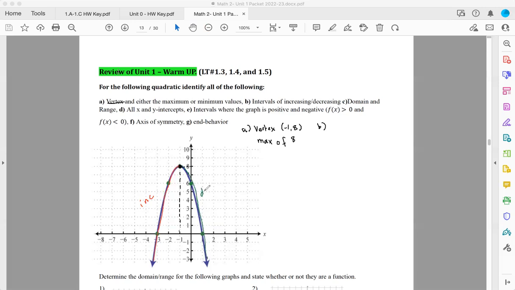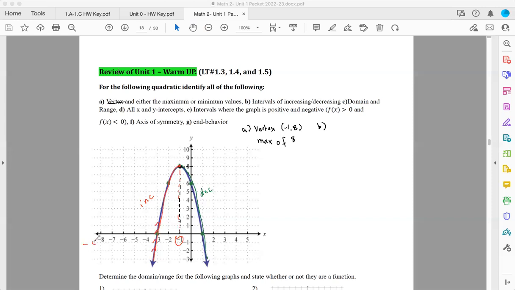This is decreasing. So I want to talk about the intervals, meaning the x values. This is going upward, right? It's increasing here. So what are the x values that cover this area? At the highest point, where it's increasing all the way up to here, it's this x value, which is -1, and anything to the left of it.